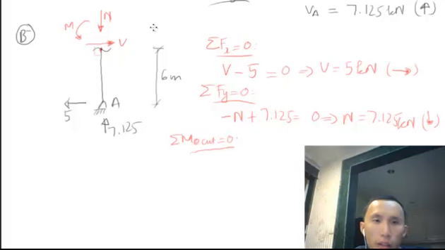So positive 5 times distance, which is going to be 6 meter, from the force to the point, 6 meter. And this one is going to be cancelled out as well, because this goes straight to the point, so this is 0.